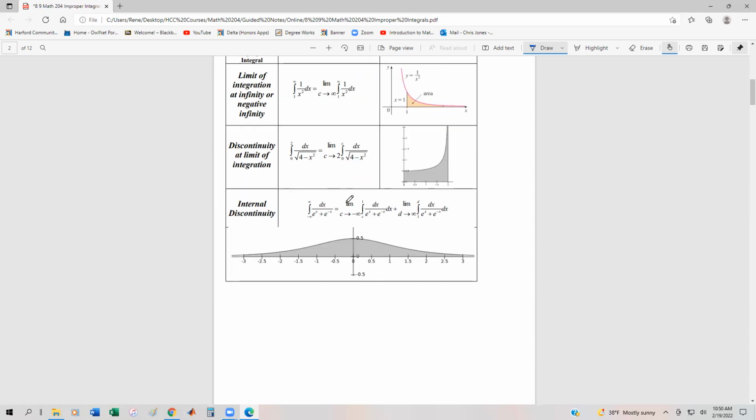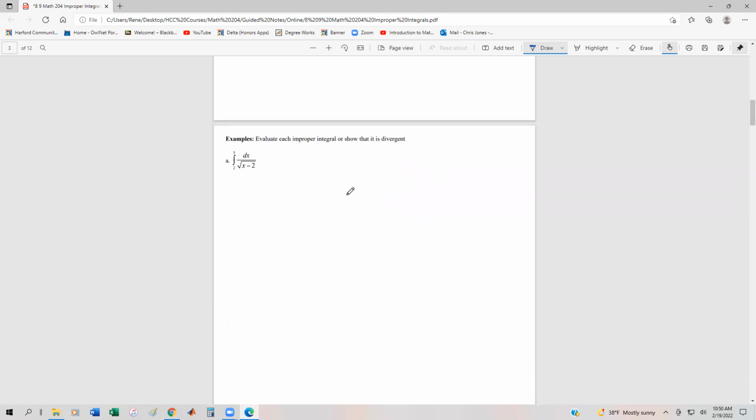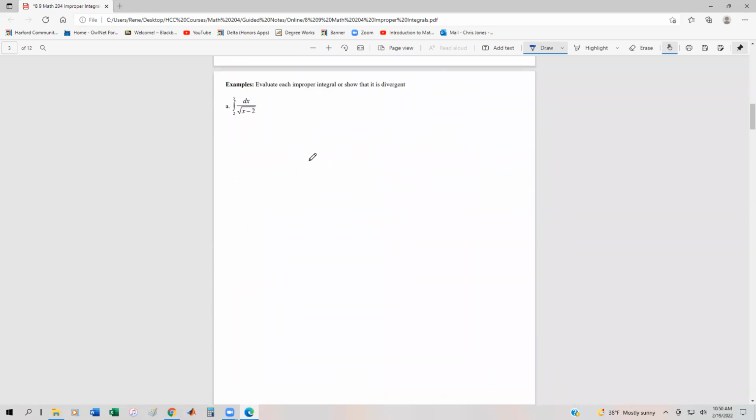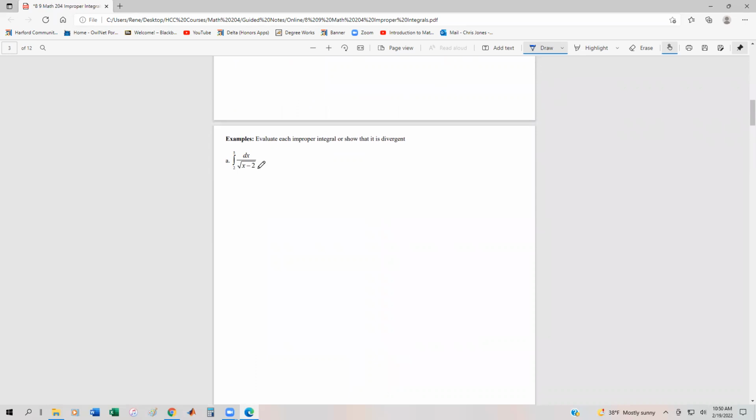Let's take a look at a really basic example, one that's close to the first thing we saw. We have the integral from 2 to 5 of dx over the square root of x minus 2. First we look for a discontinuity, and at x equals 2 the integral is not continuous.